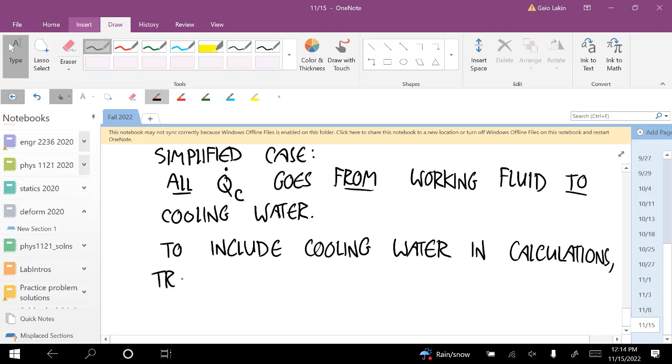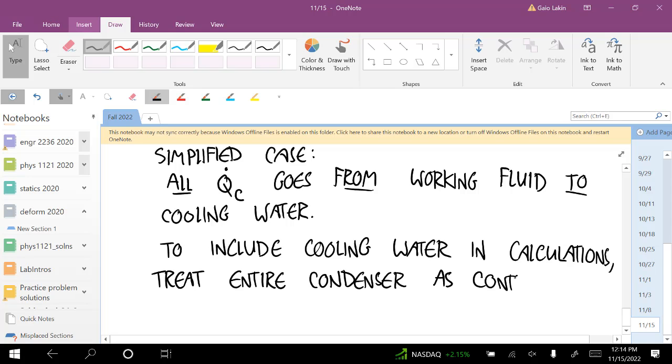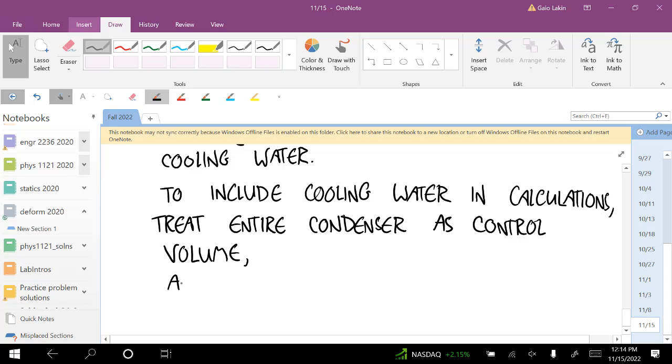treat the entire condenser as a control volume. Assume there's no heat transfer into or out of the control volume.